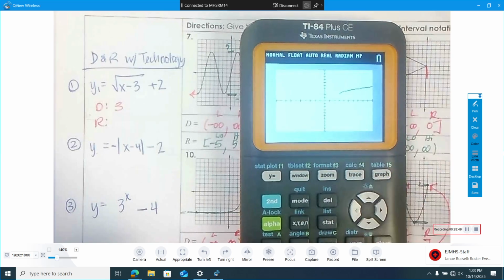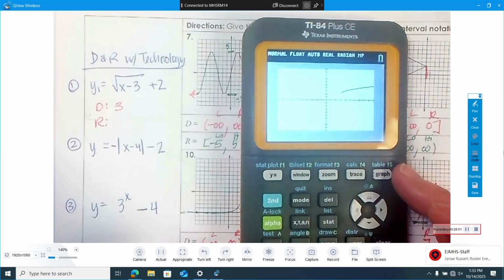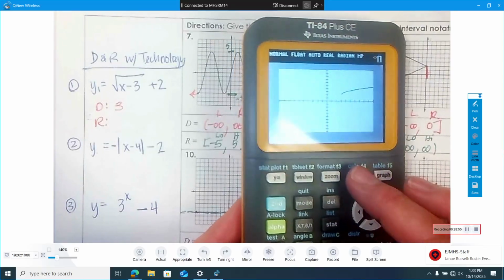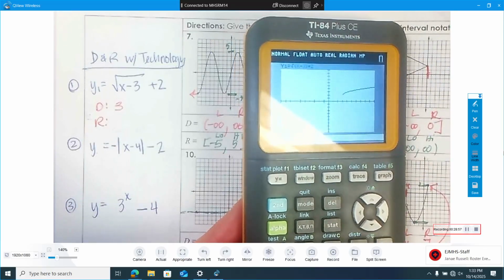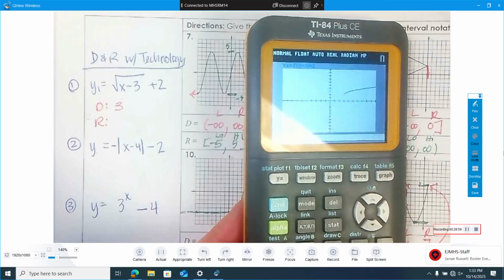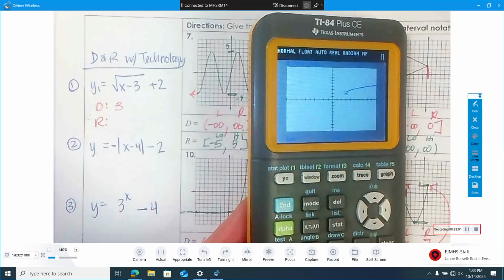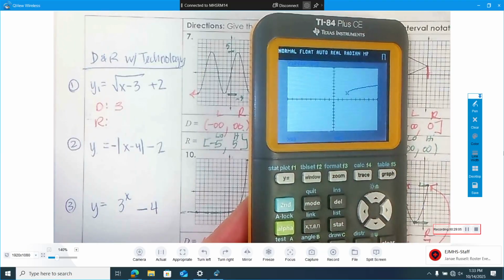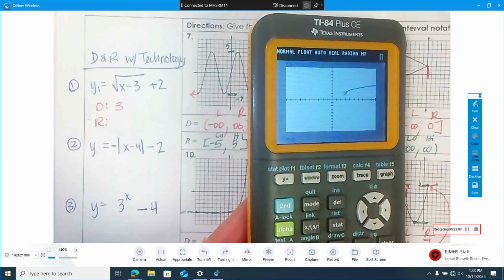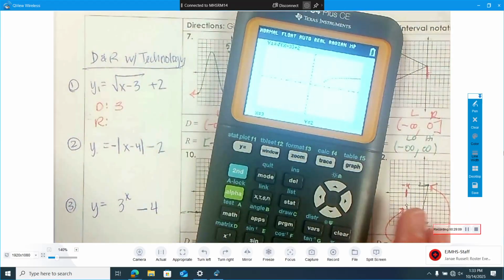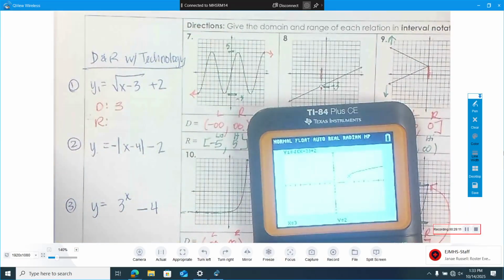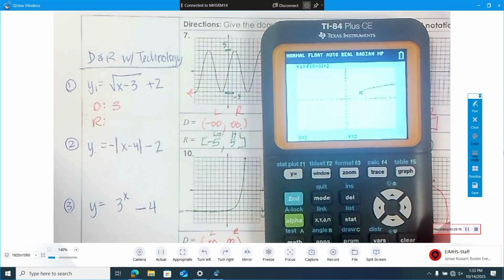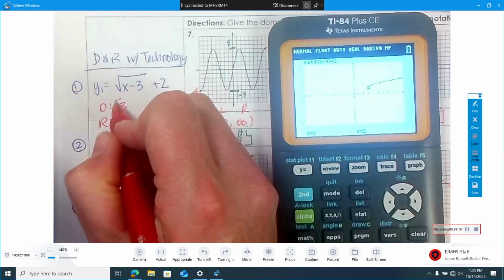It is a bracket. How are we sure? You can look at the table. You can also just press trace and type in 3, and you see 3, 2. There's an actual ordered pair there. So it is a bracket at the 3.